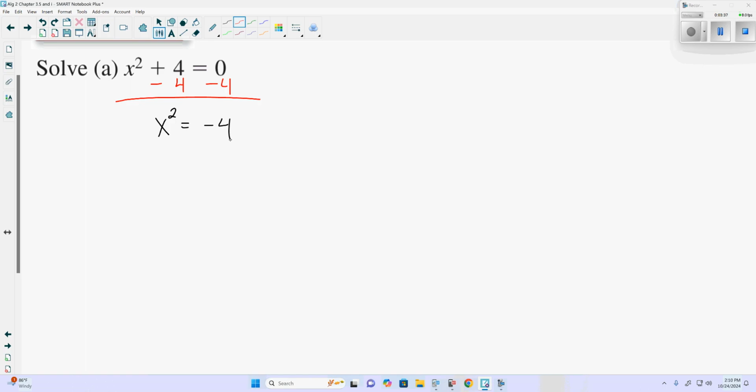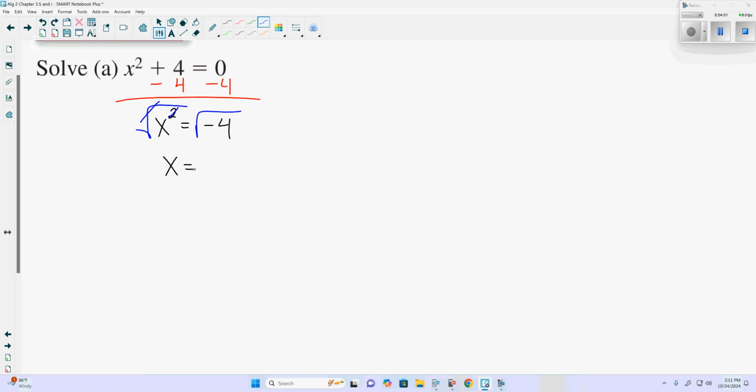And the last one we did like this is where we got stuck. Our next step in completing the square is to take the square root of both sides, and the square root and the square would cancel. And when we tried taking the square root of -4, it failed because we didn't know how to take the square root of -4.